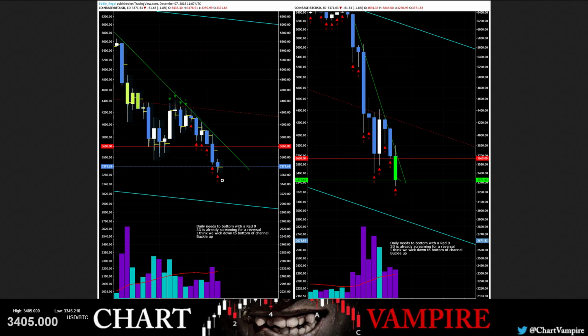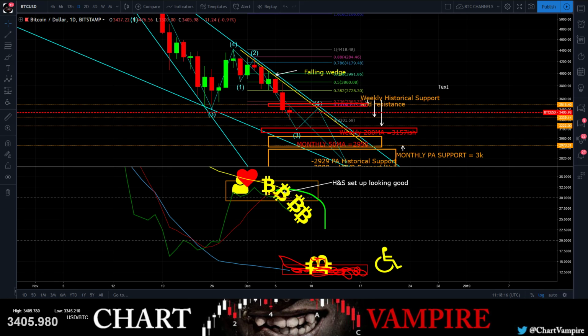I think this daily comes down to a 9, and we get a bleeding 9. And now remember, you don't have to go straight down like this, even though that would be nice and convenient. This can still kind of dinker around a little sideways, but I think this bleeding 9 will just bleed out a little bit. Hopefully it bleeds out fast. We can come down and just get rid of that. But thank you for the chart, Tony.